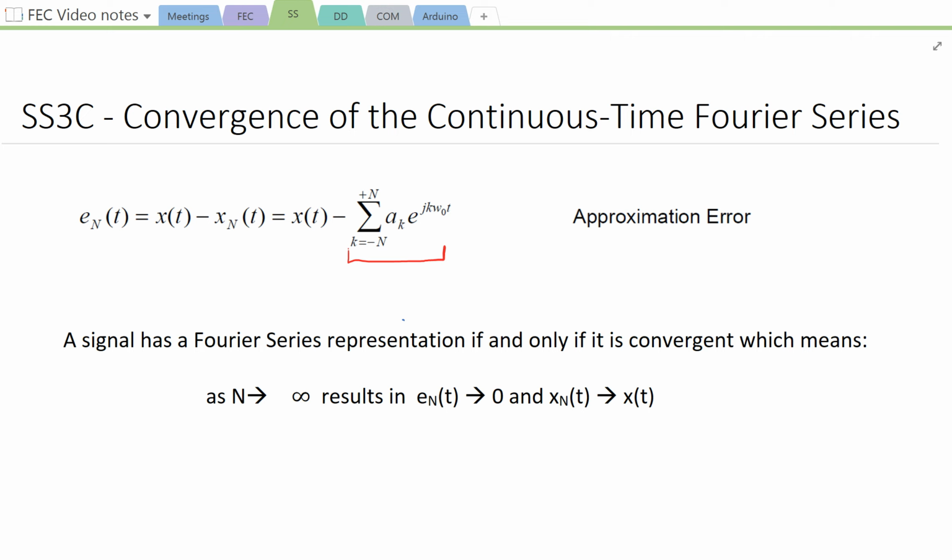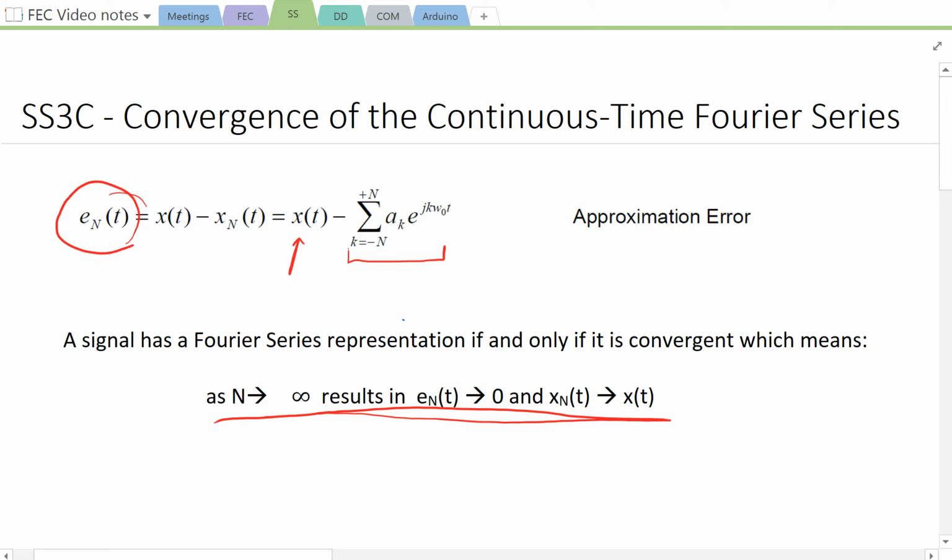If the system is convergent, as n grows to infinity, we would get the error going to 0, as is shown here. So for a convergent signal, we will have a valid Fourier series, and as n goes toward infinity, this quantity e of n, the difference between the actual value of x of t and the estimate based on the Fourier series, should be equal to each other, therefore it ends up being equal to 0.